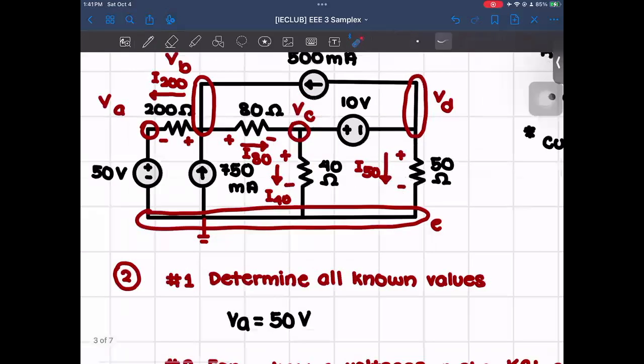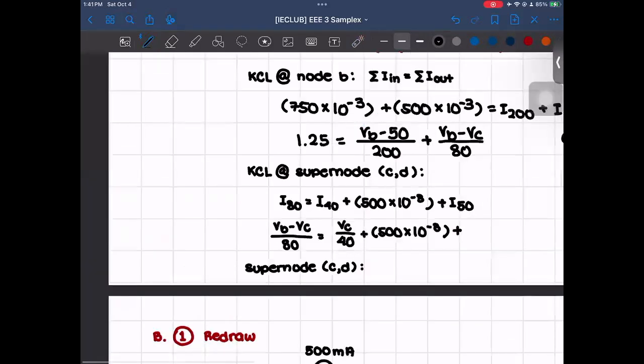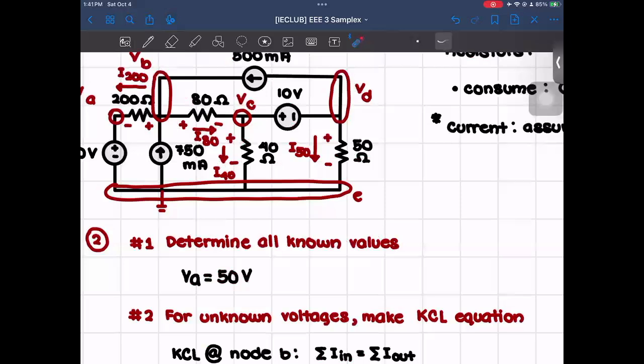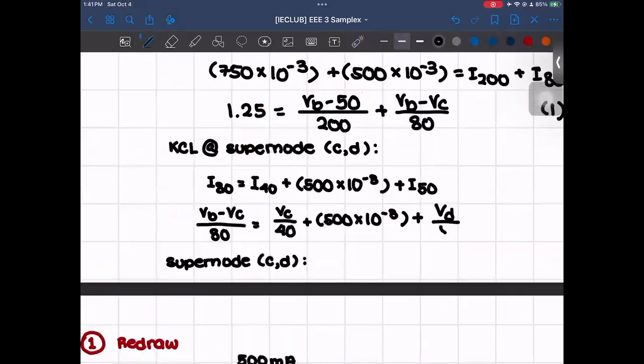So that will be VC over 40 plus 500 times 10 raised to negative 3, plus for I50, it's going to be VD minus the ground. So that's just VD over 50. And that's going to be our second equation.